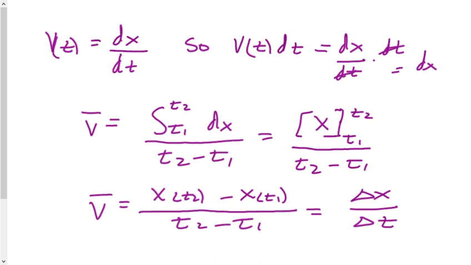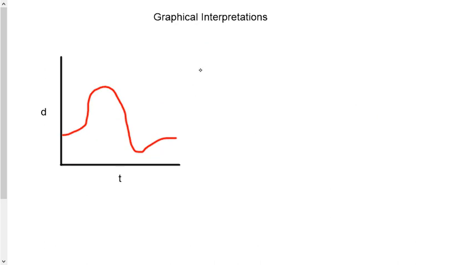Graphically, what does that mean? Well, if I'm on this part of my graph here, let's call that, of course, t1. And then I end up, let's say, right here, and this, of course, is going to be t2. We really have then the slope of the line that connects both of these points together.